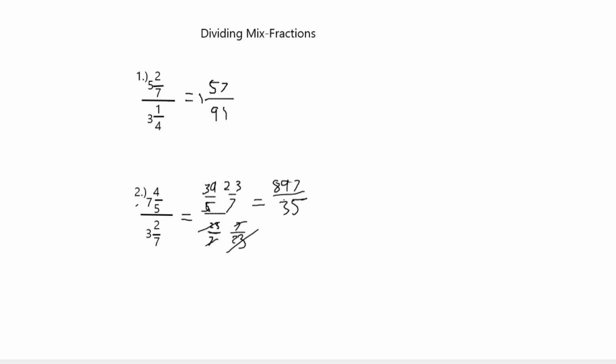Okay, so we're finally done. We're halfway through. We're just going to transform this into a mixed fraction. We're done. That's so long. So let me just think of a number. So let's write 35.